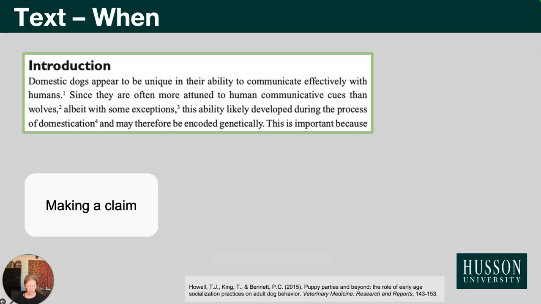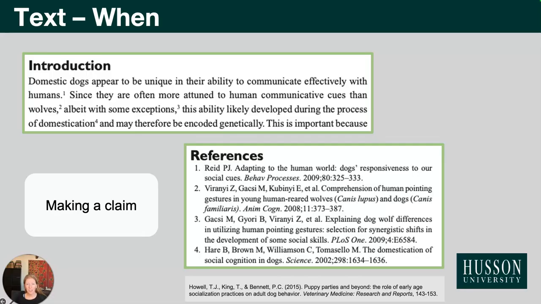APA formatting, in contrast, includes the author's names and the publication date for in-text citations and has an alphabetical list of the references at the end. There are also differences in the full citation format. For example, I have used APA formatting for the citation of the article from which this content is extracted, as you can see down here below.